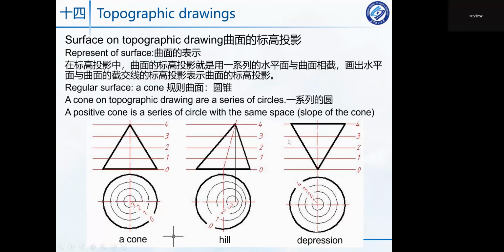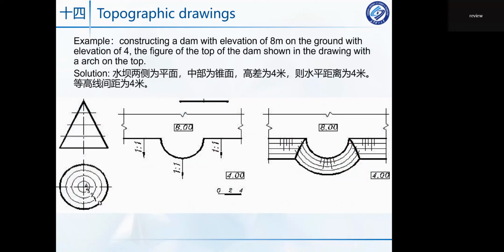And then we are going to learn how to draw the circular surface and the intersection line of the plane and the circular surface. Okay, as for this one, you can see the ground elevation is 4, and the top of the dam is 8.